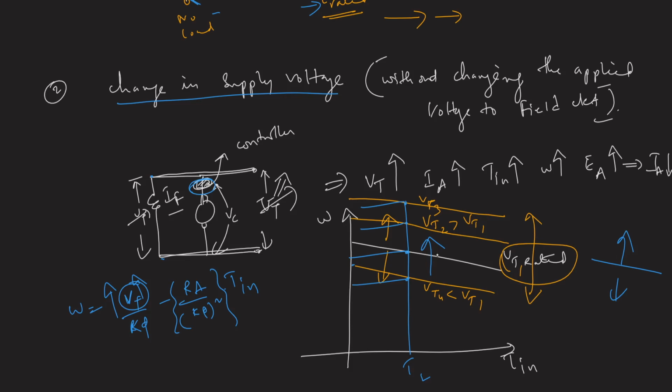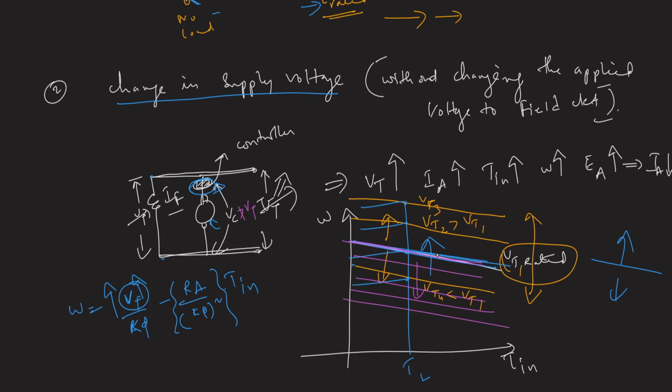Now normally we cannot increase the applied voltage to the armature above its rated value. So the higher end is fixed to some value here, but it can be varied only below like this, because Vt cannot go more than rated, but it can only reduce below it.